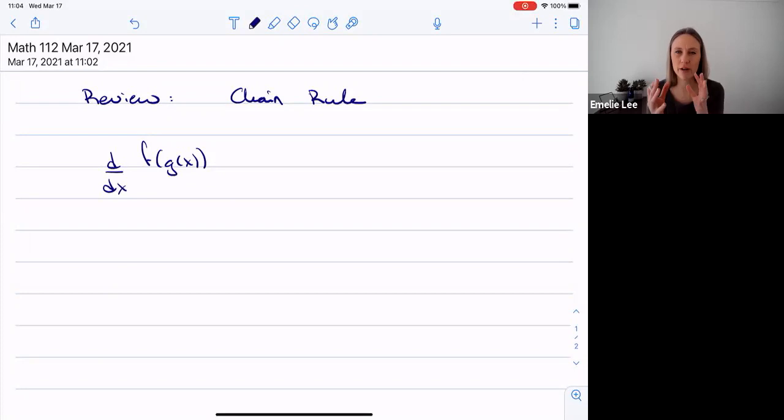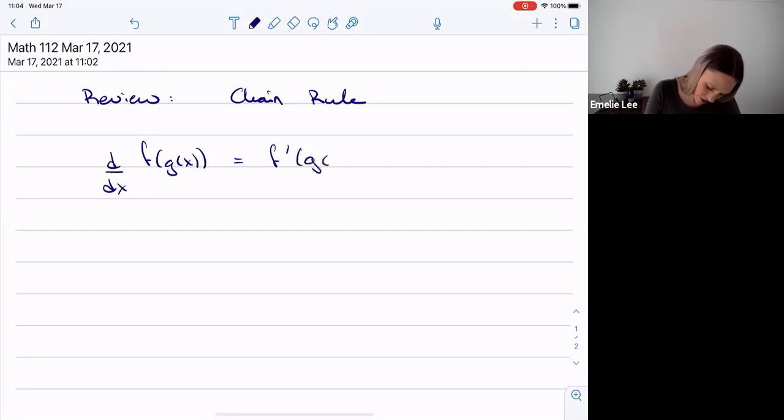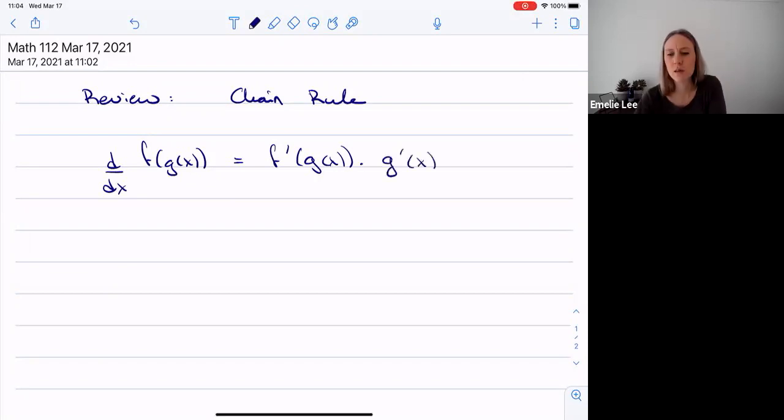So if you have a composite function, then the derivative is the derivative of the outside, so f prime at g of x, right? If we want to, I know we like the prime notation rather than the differential operators, but then we have to multiply by g prime of x.